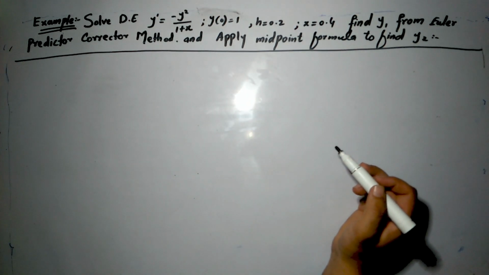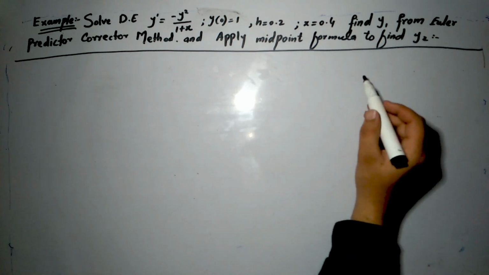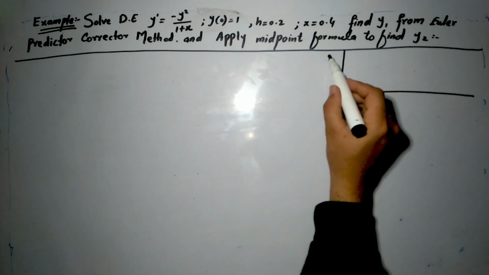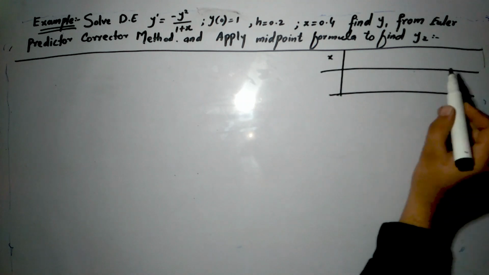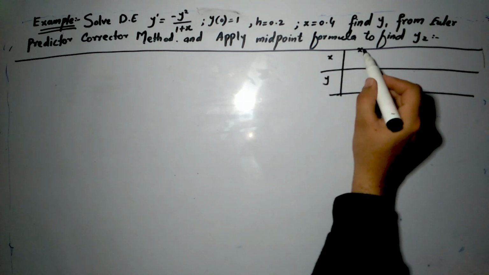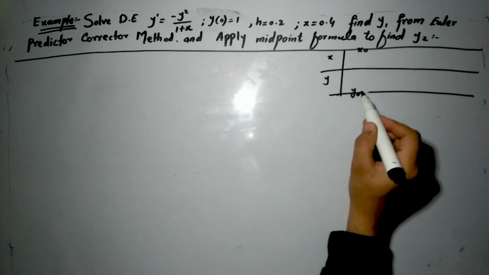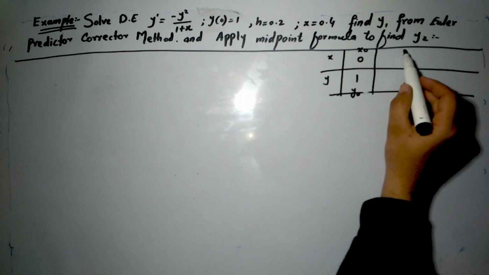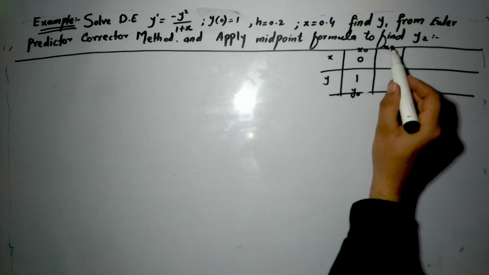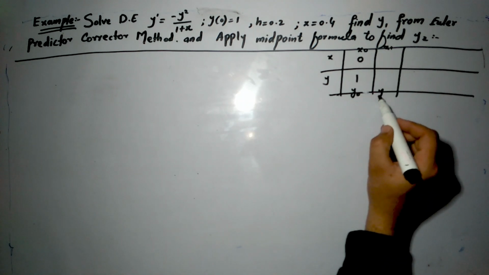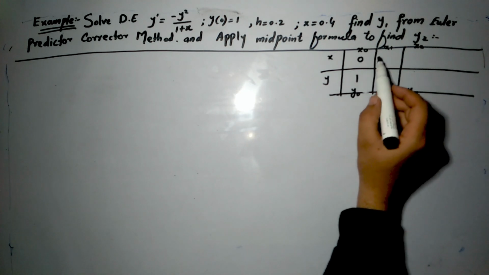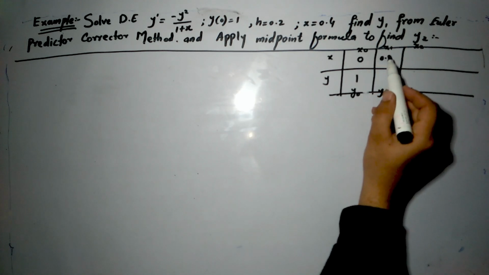Simply, if I form the table, this will be x and this will be y. So this is x0, this is y0. At x0, y is equal to 1. Similarly this will be x1 and y1, this will be x2 and y2. So the first point is 0.2 and this is 0.4.